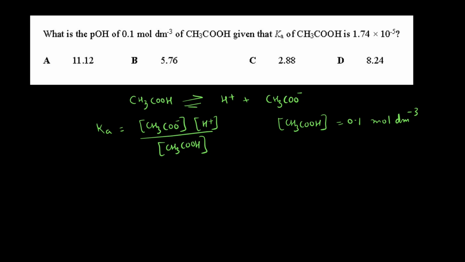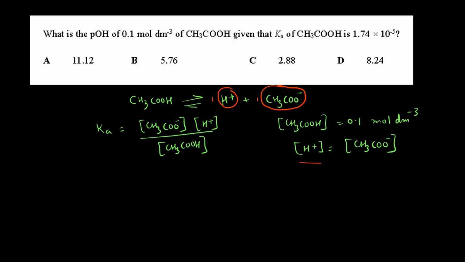After it dissociates into H plus and acetate ion, the concentration of H plus ion will be equal to the acetate ion, because 1 mole gives us 1 mole and 1 mole. It is a weak acid, so it will not completely dissociate, but the concentrations of H plus ion and acetate ion will be the same, because 1 mole and 1 mole are formed.